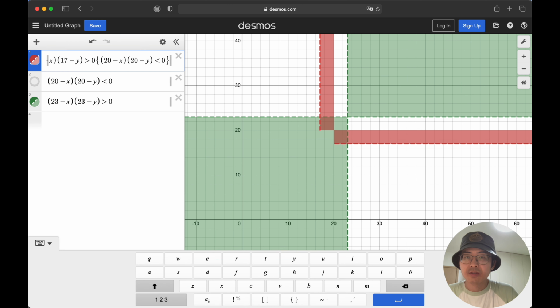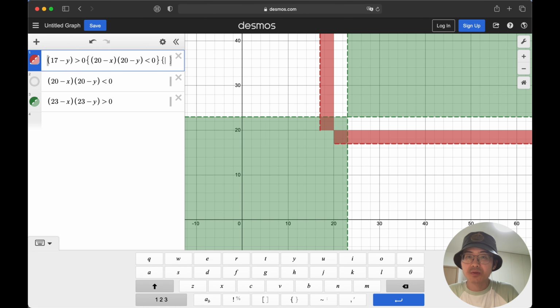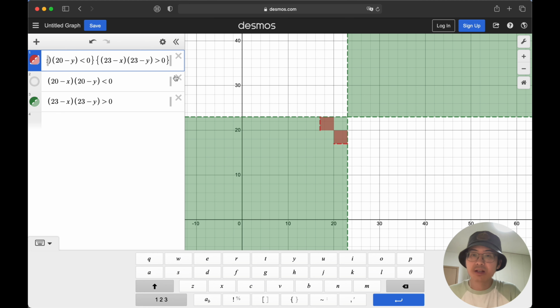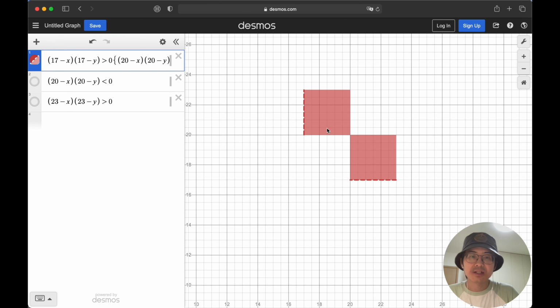Let's use another parenthesis and copy the third inequality and then put this into the new parenthesis. Okay, and then get rid of the third one. So now you see that we have only two regions, and these regions are what satisfy the system of inequalities. So any point in these two regions is a solution for our system.